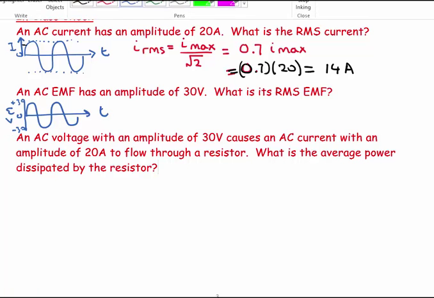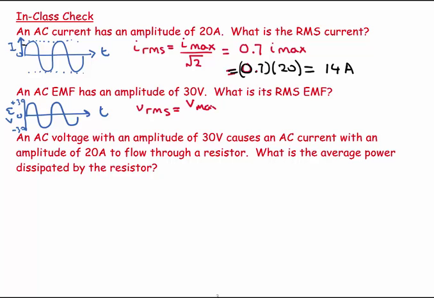I want to find the RMS value, so V RMS is equal to V max, little v again because it's AC, over root 2. So this is again 0.7 times V max, which equals 0.7 times 30, about 21 volts, roughly speaking.